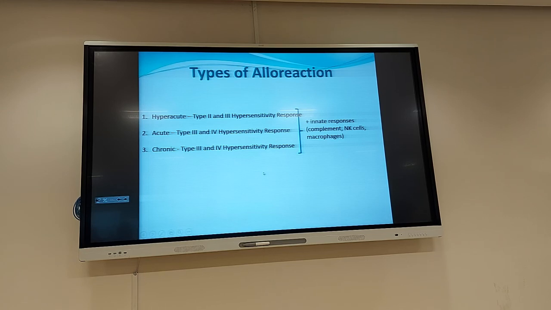And chronic rejection, which is probably the most common, because apparently even though people get successful transplants, whether they're heart, lung, or whatever, after about 5 to 10 years, most of these people need another transplant.